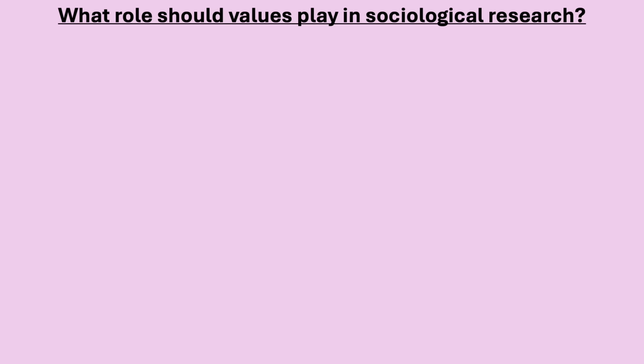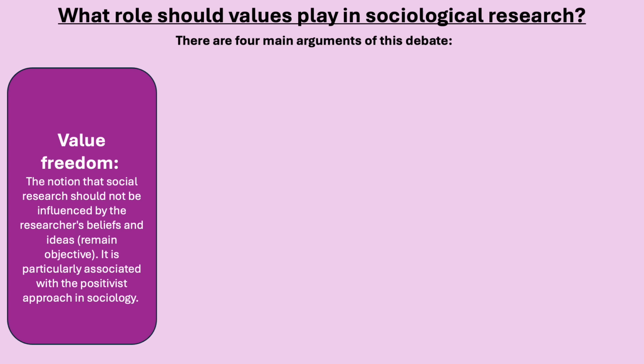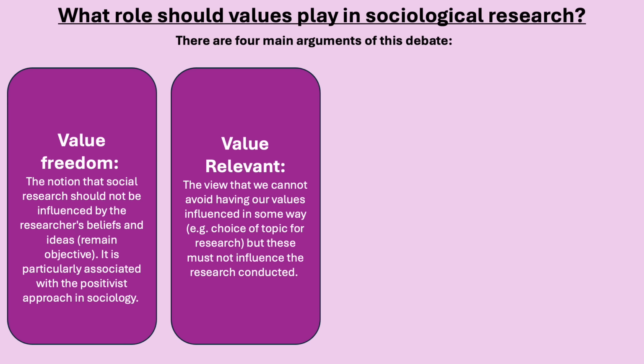And for our final sociological debate, we have: what role should values play in sociological research? There are four main arguments to this debate. The first one is value freedom, the notion that social research should not be influenced by the researcher's beliefs and ideas, and they should remain objective. It is particularly associated with the positivist approach in sociology.